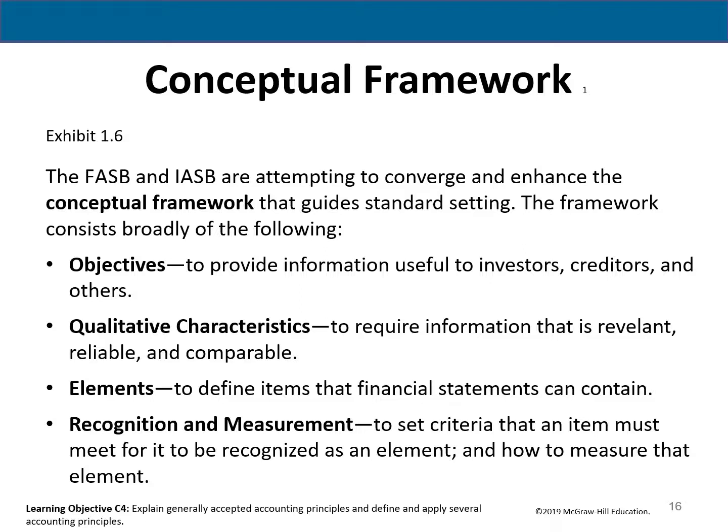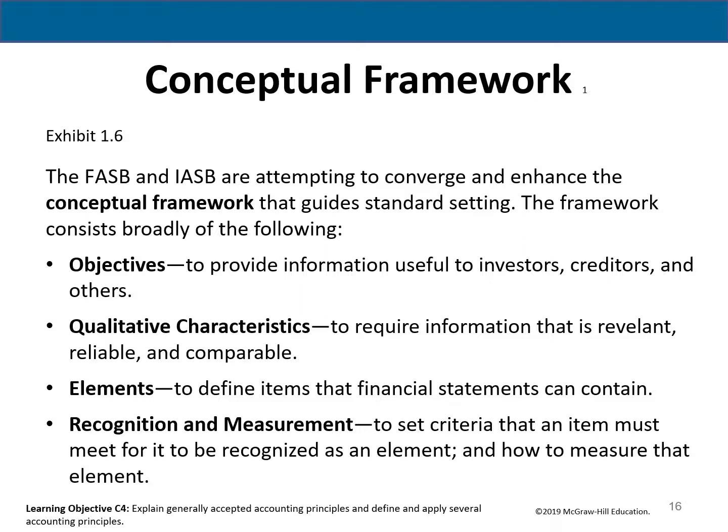And the major standards setting guidelines, this framework, are objectives. The objectives of any financial information, whether it's international or in the United States, is to provide information useful to investors. You could think of those as owners, creditors, such as the bank, and others who may be affected by the financial information.